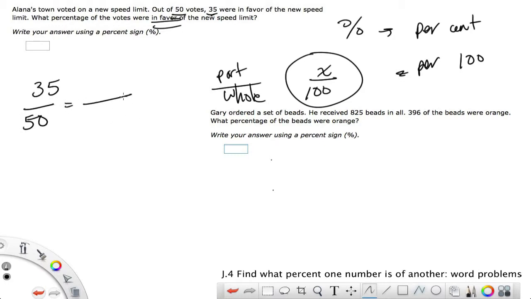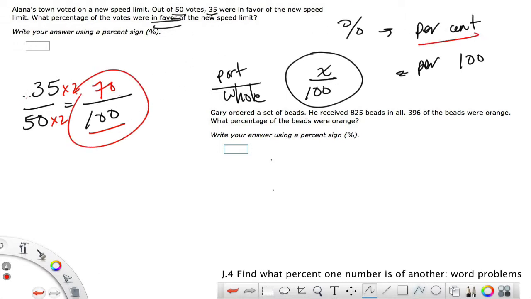And since our goal is to have this as 100 on the bottom, I can multiply 50 times 2 to get 100, but whatever I do to the bottom, I have to do to the top. So 70. And now it's out of 100, so that's my percent, so this would be 70%. So that's what we're looking at, percent per 100.